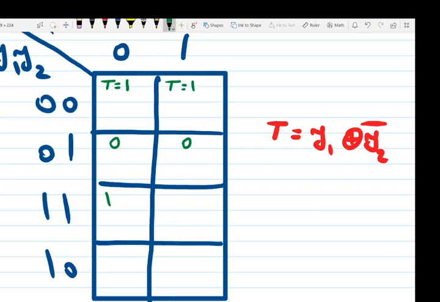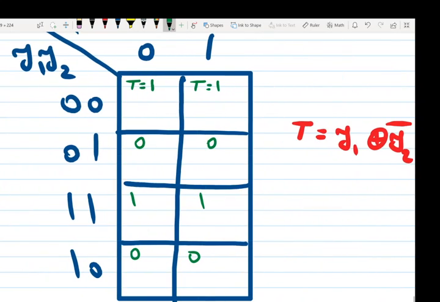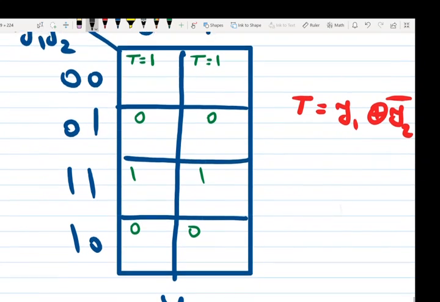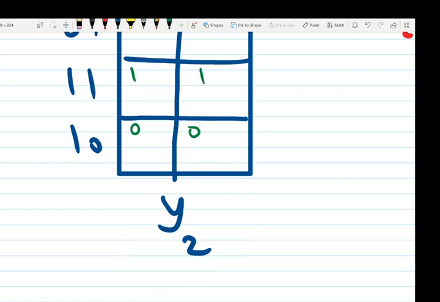So 1, 1. The last row, Y1 is 1, Y2 bar is 1, 1 XOR 1 gives 0. So T is 0.